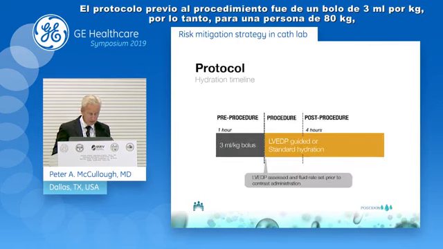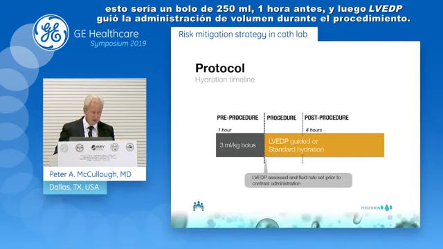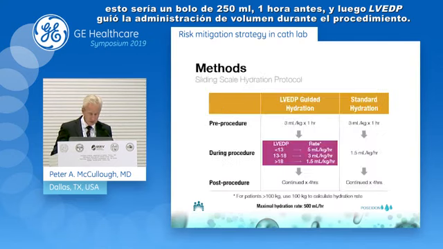The pre-procedure protocol was 3 mLs per kilogram bolus, so for an 80 kilogram person, this would be about a 250 cc bolus 1 hour before, and then LV EDP guided volume administration during the procedure.